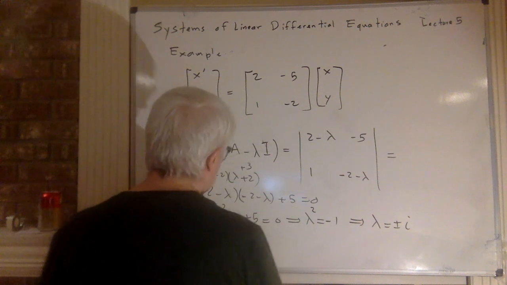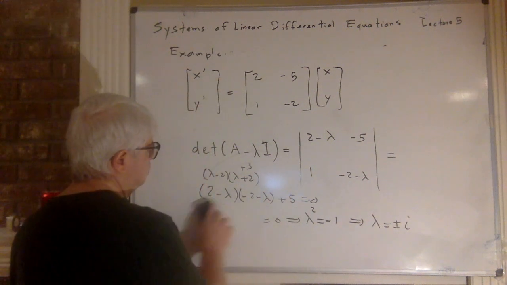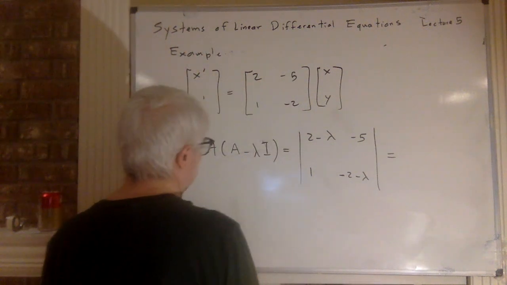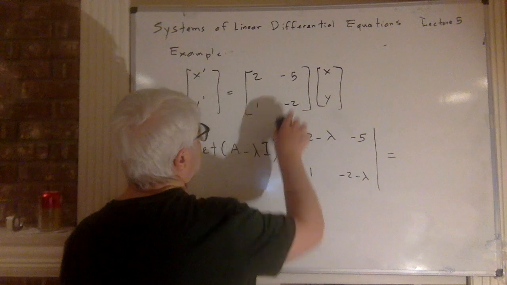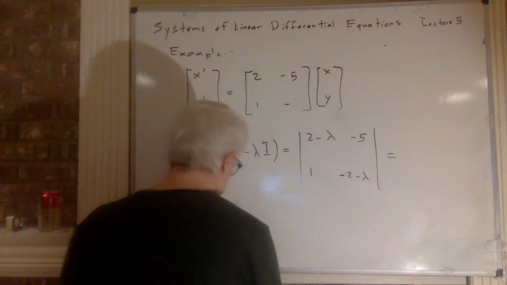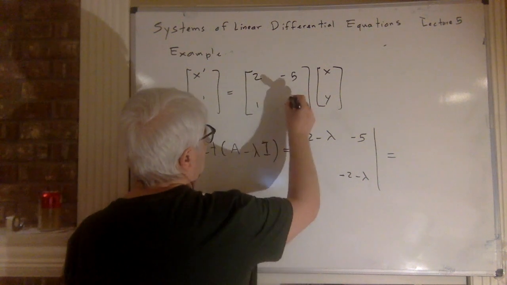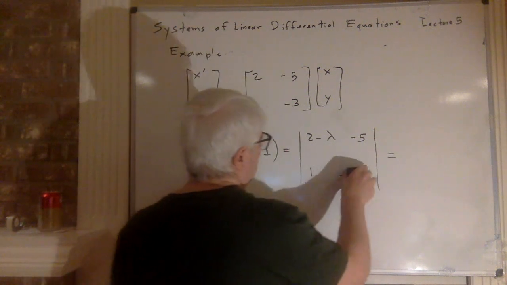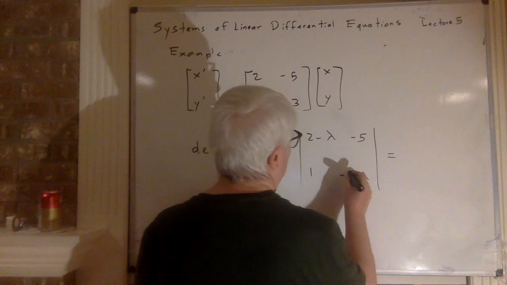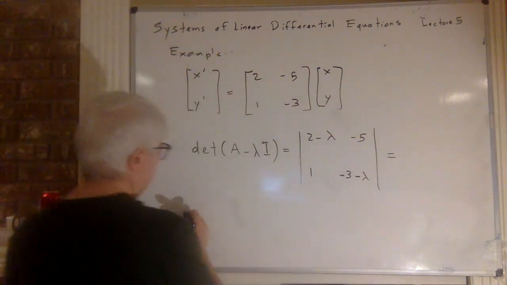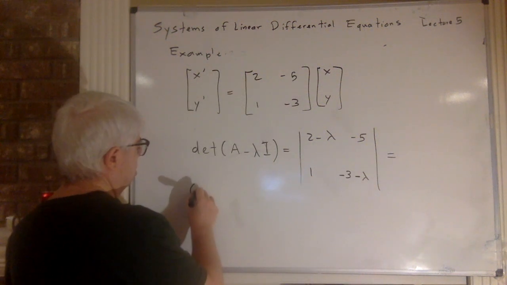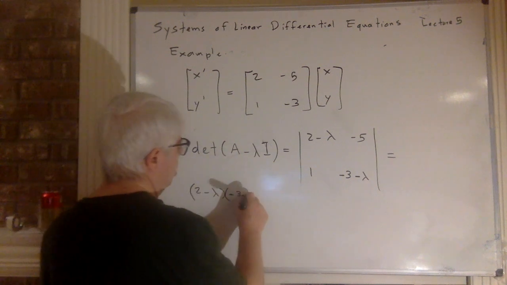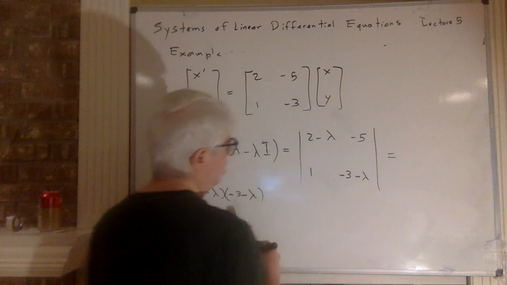So let's try this. Which one was that? Lambda plus 3. Okay, so this will be minus 3. In fact, the other one is also nice because that's a very special case.